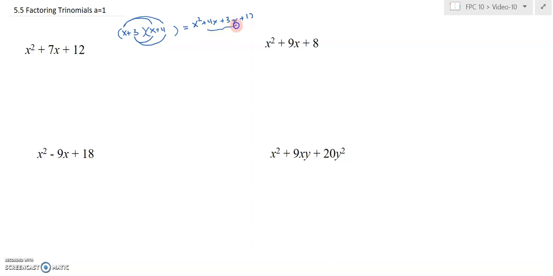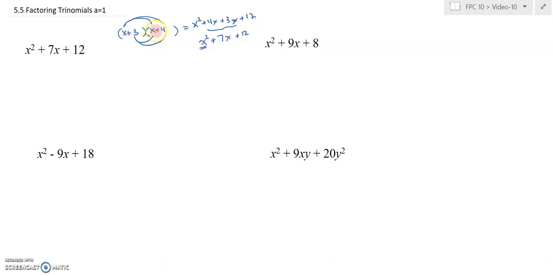And then those middle terms, the outer and the inner products, you could collect like terms. The first, the x times x, has no like term, and the last, the 3 times 4, has no like term. So where does the x squared come from?